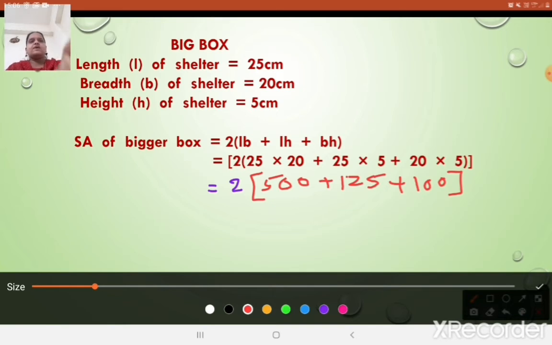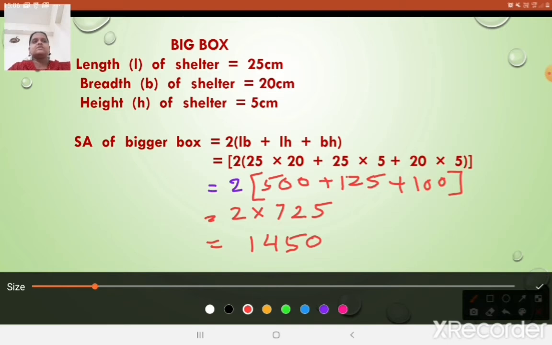So 500 plus 125 plus 100. 500 plus 100 is 600. 600 plus 125. 600 plus 100, 700 plus 25. So it will become 2 into 725. Multiply: 2 5s are 10, carry 1, 2 2s are 4 plus 1 is 5, and 7 2s are 14.